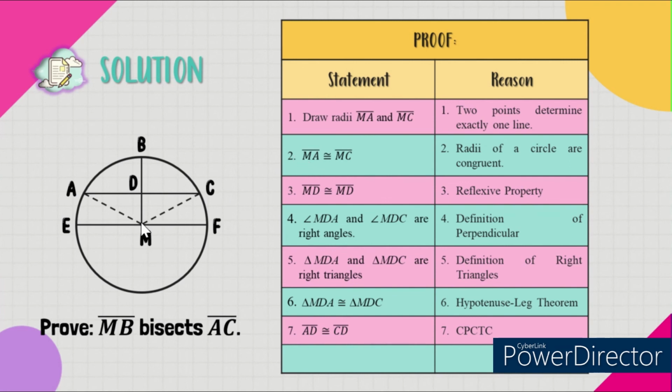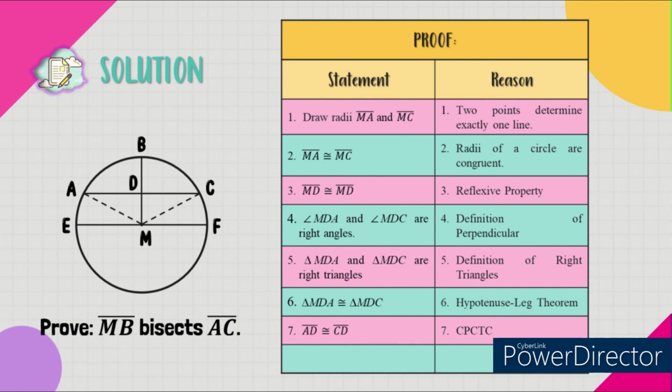Then next, line segment AD is congruent to line segment CD of the other triangle, which is already given here in our statement number 7. Then lastly, line segment MD is congruent to line segment MD. And it is also written here in statement number 3.